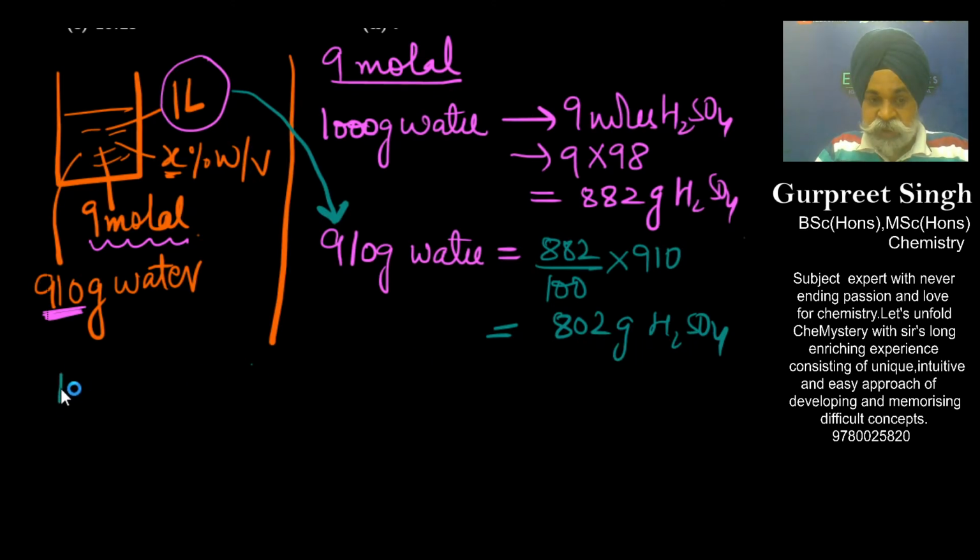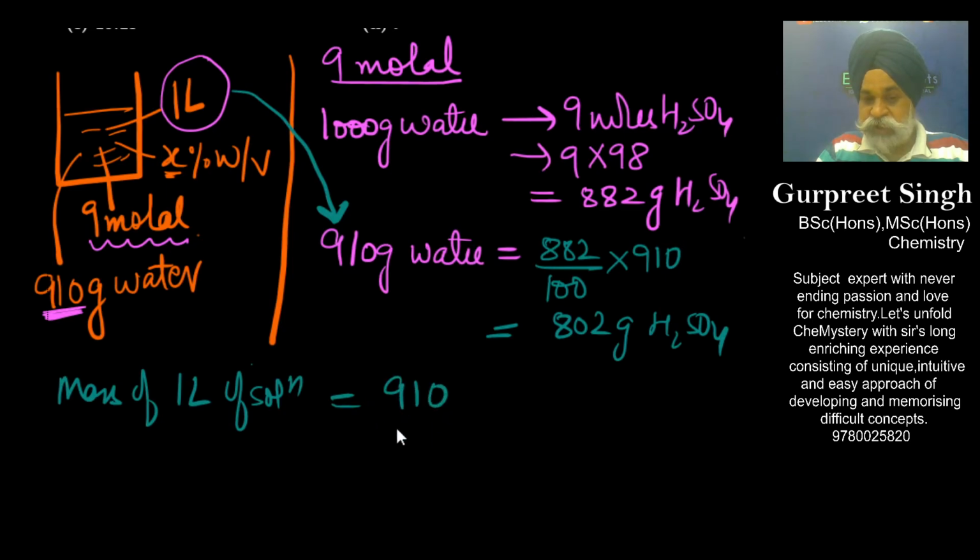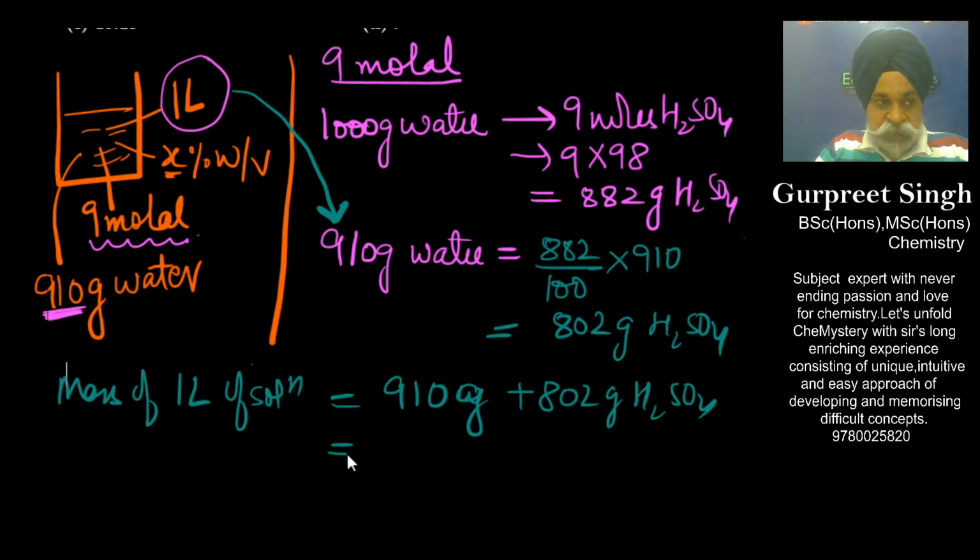So the mass of 1 liter of solution contains 910 grams of water and 802 grams of sulfuric acid, which would make almost 1712 grams of solution. But the matter of fact is it is not being asked to find the total mass of solution. I just wrote it so that you could understand it better.